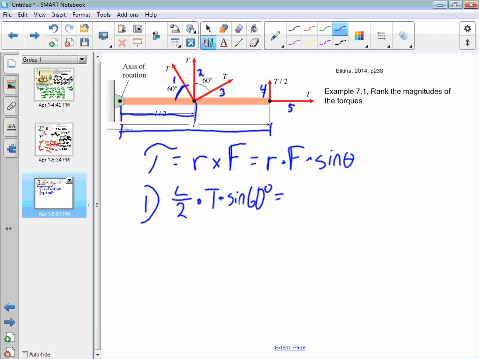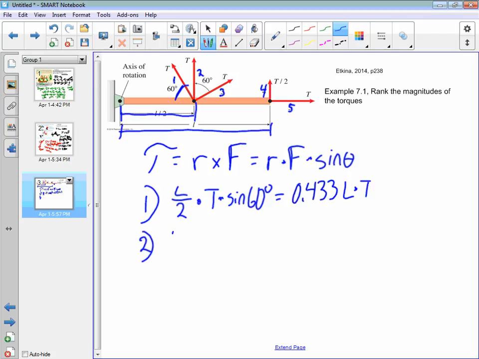So we plug that in and we get 0.433 L times T. I don't have any actual numbers for L and T, but that's okay. I'll just leave them in those terms. I'm going to have all these in terms of L times T, so that way we can still do a good comparison.